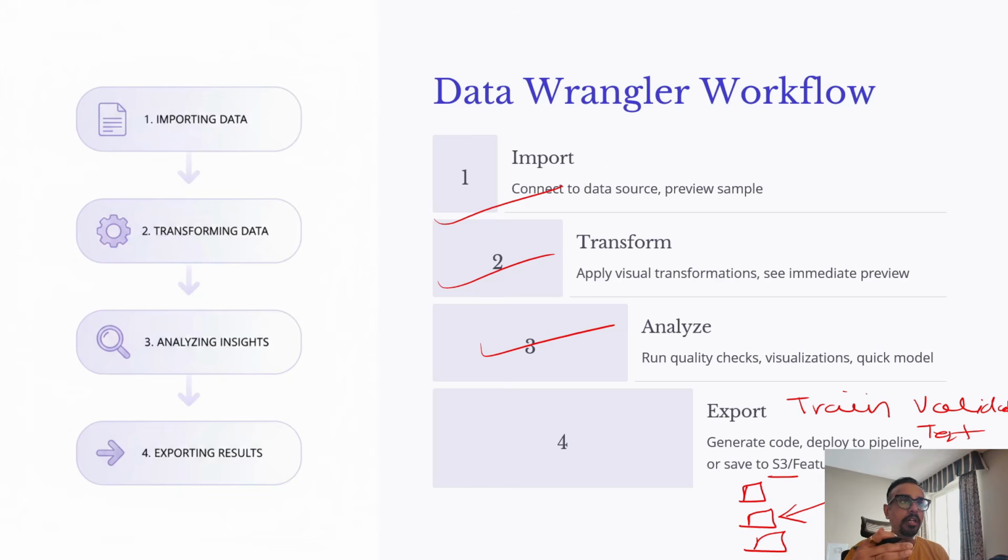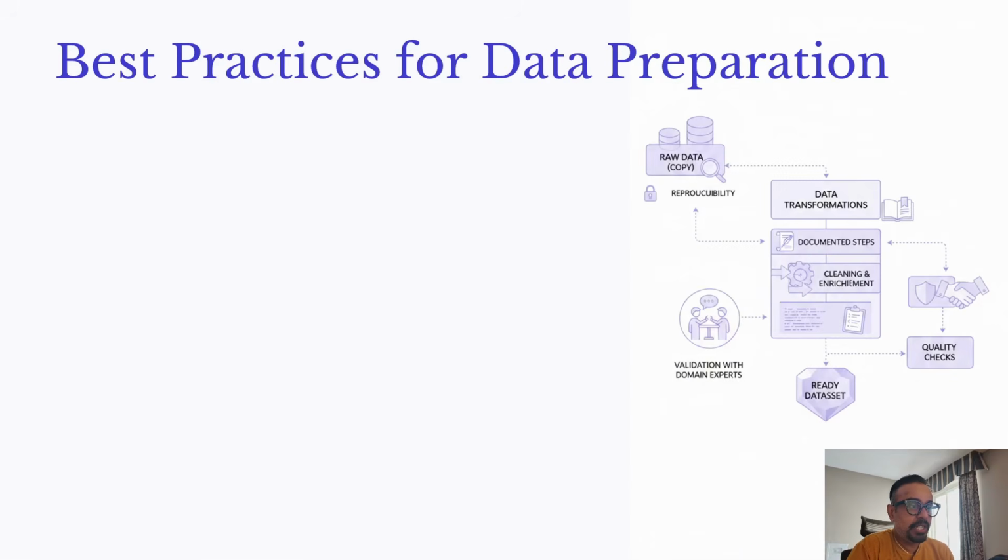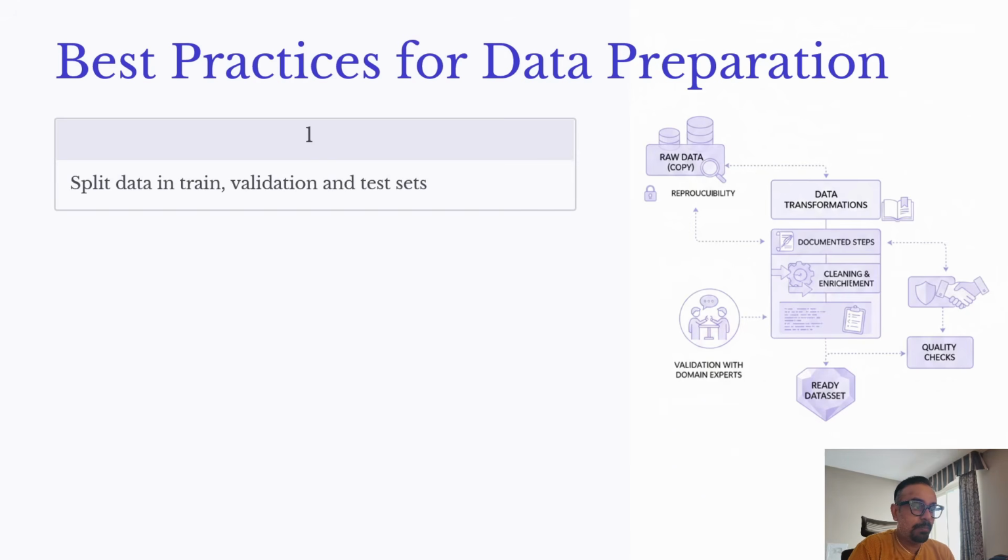And if you want to use the output as code, you can do that. It is going to give you the Python script that you can use in your notebook to do further testing. Now let me share critical best practices that prevent common and costly mistakes in data preparation. Always split your data into train, validation, and test sets before applying any preprocessing transformations.